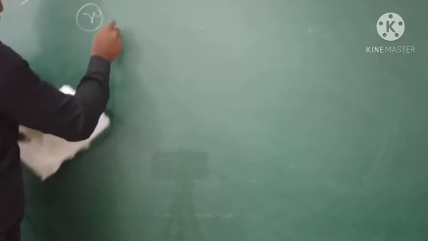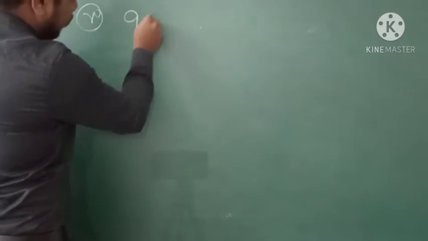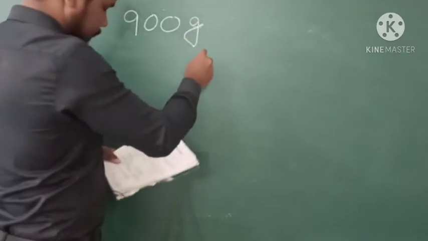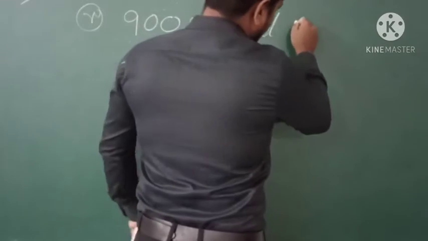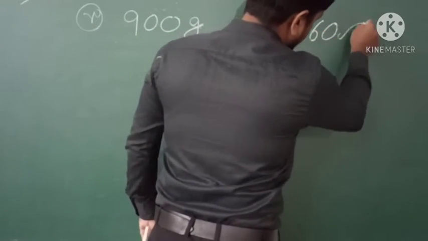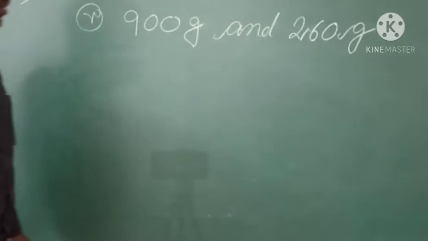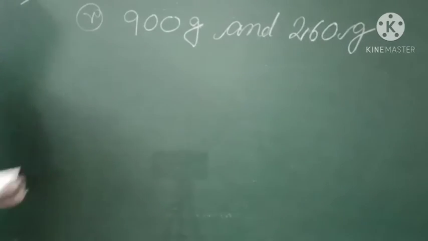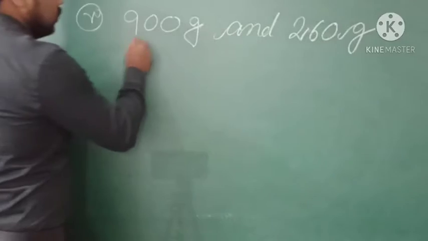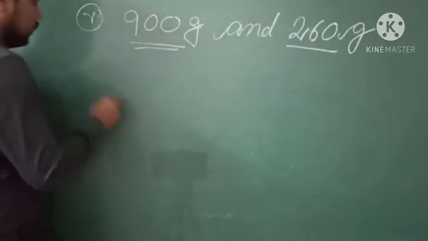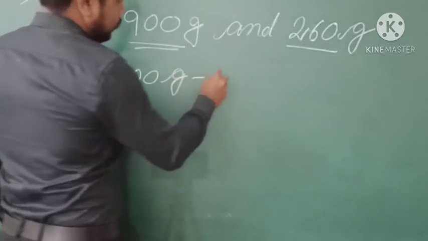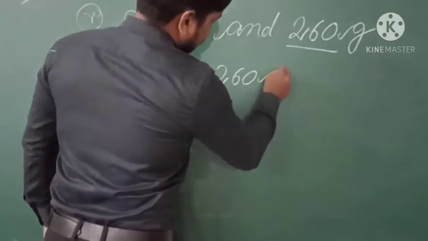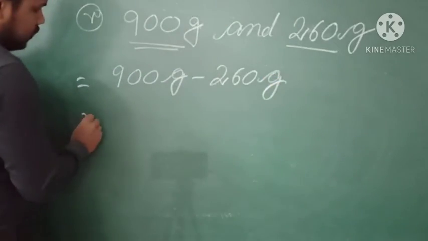As like, let us take the fifth one, which we have: 900 gram and 260 gram. You have to find the difference of these two. Definitely this is the greater number, so this much you have to subtract. We will write 900 gram minus 260 gram is equal to how much?